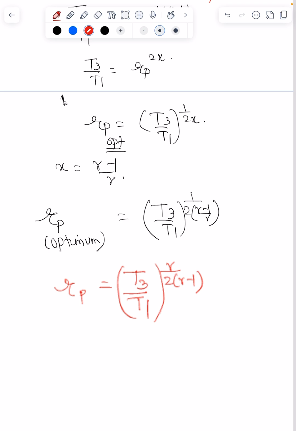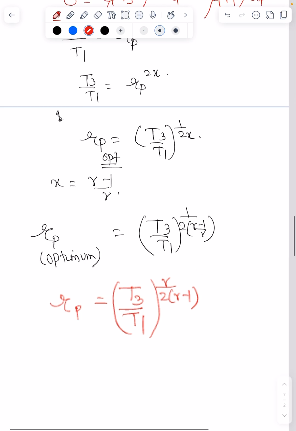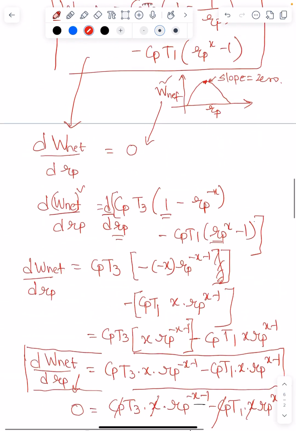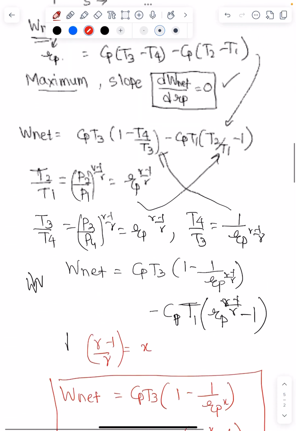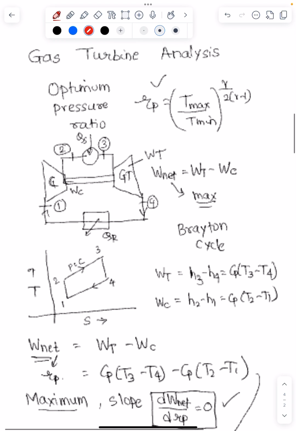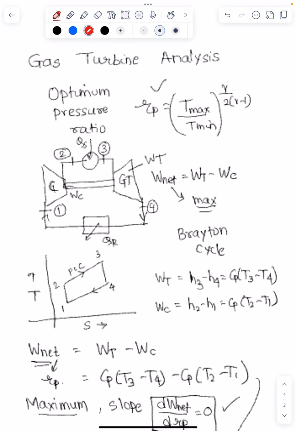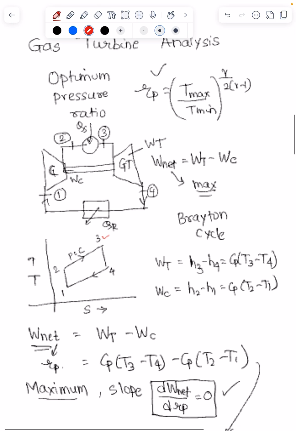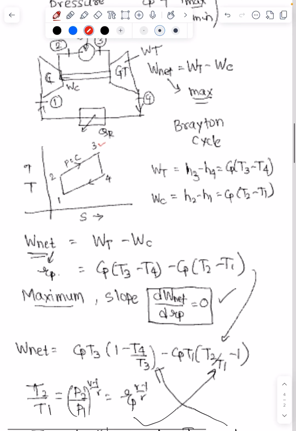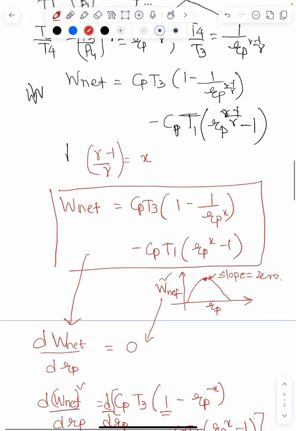So the maximum work output can be obtained at the pressure ratio equal to T3 by T1 raised to gamma upon 2 gamma minus 1.